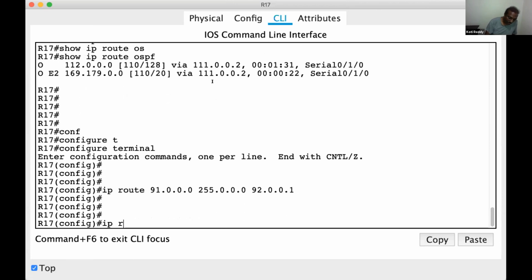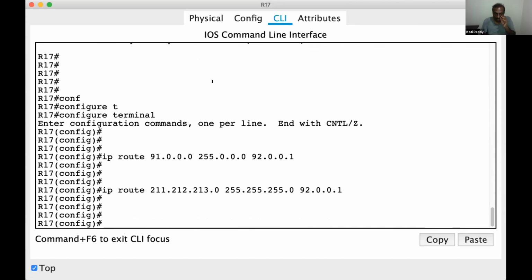And also I say IP route for 211.212.213.0, 255.255.255.0, pass on the packet to 92.0.0.1. Add these two routes.